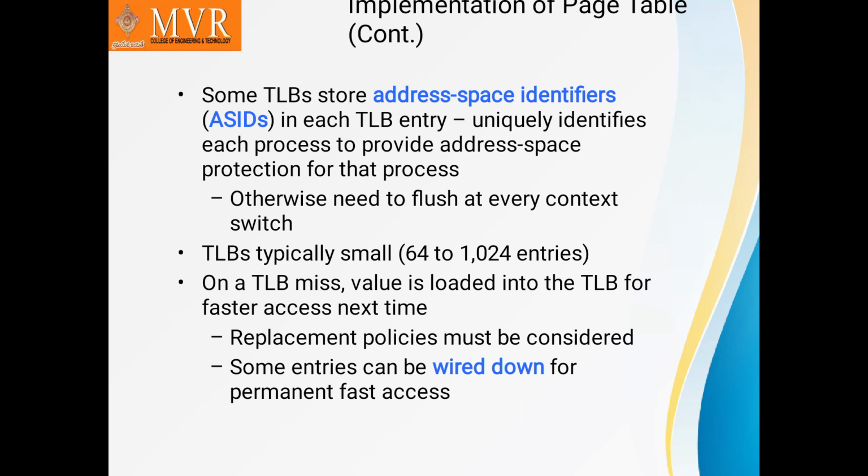The TLB is typically small, within the range of 64 to 1024 entries. On a TLB miss, the value is loaded into the TLB for faster access next time. Replacement policies must be considered. Some entries can be wired down for permanent fast access.